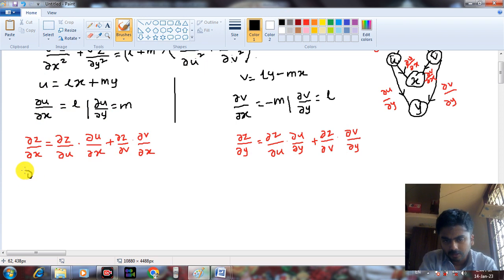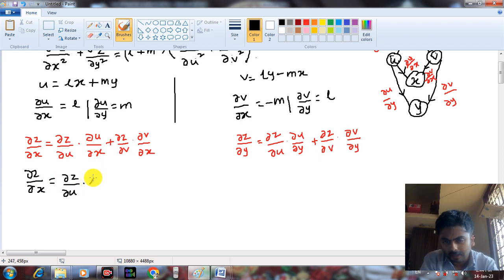see ∂z/∂x equal to ∂z/∂u into what is the value of ∂u/∂x?